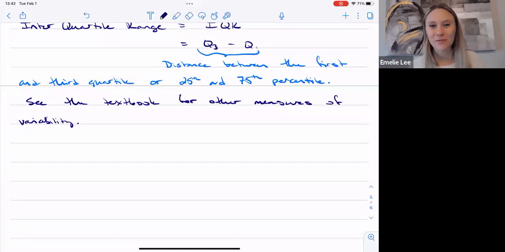And because I'm using a free textbook, I mean, you can buy it for relatively cheap, but because I'm using a free textbook, I do want to point you towards it, and I do want to use it because it's available to everyone. Okay. So there's lots of other measures of variability, but those are the core ones that I want to focus on for now. Okay.